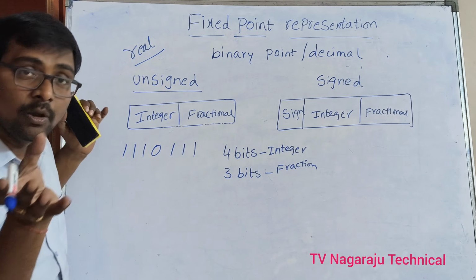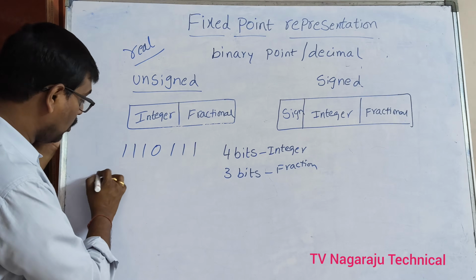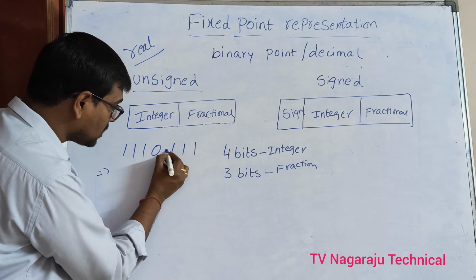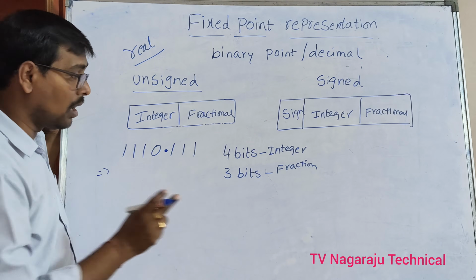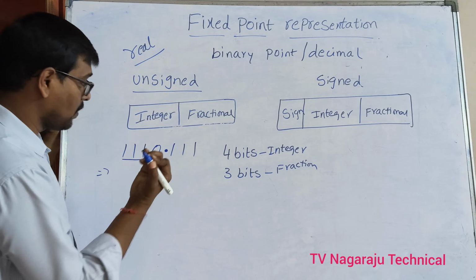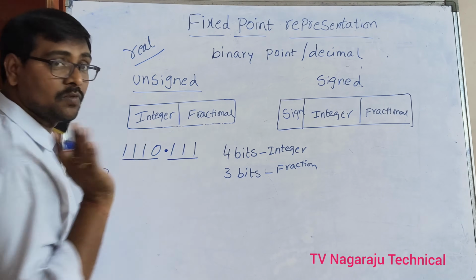If they give a question like this, how do you convert? 3 bits are used for the fraction part. Simply place a dot. And how many bits for integer? 4 bits for integer, 3 bits for fraction.